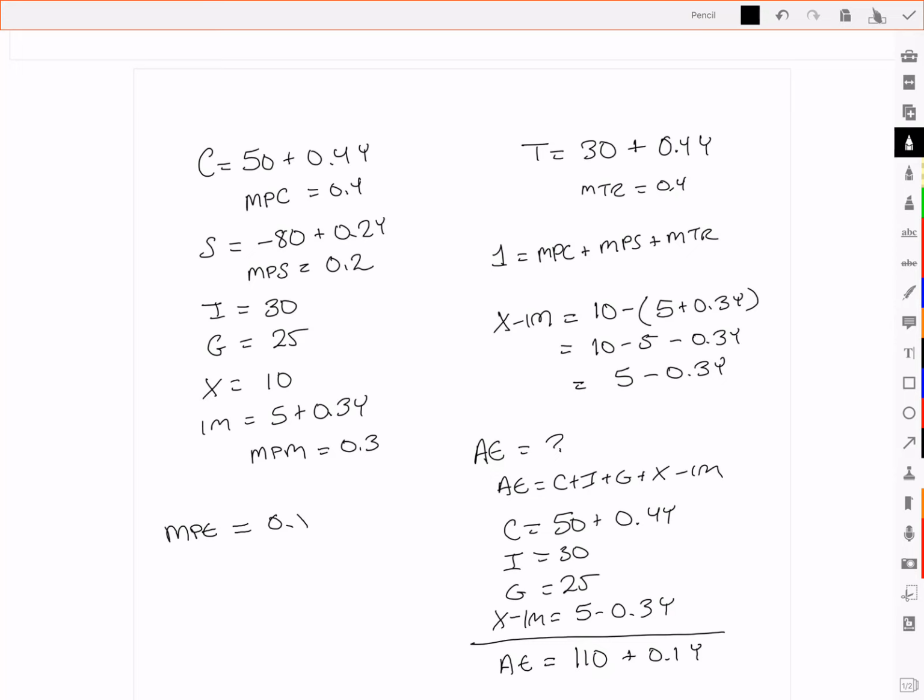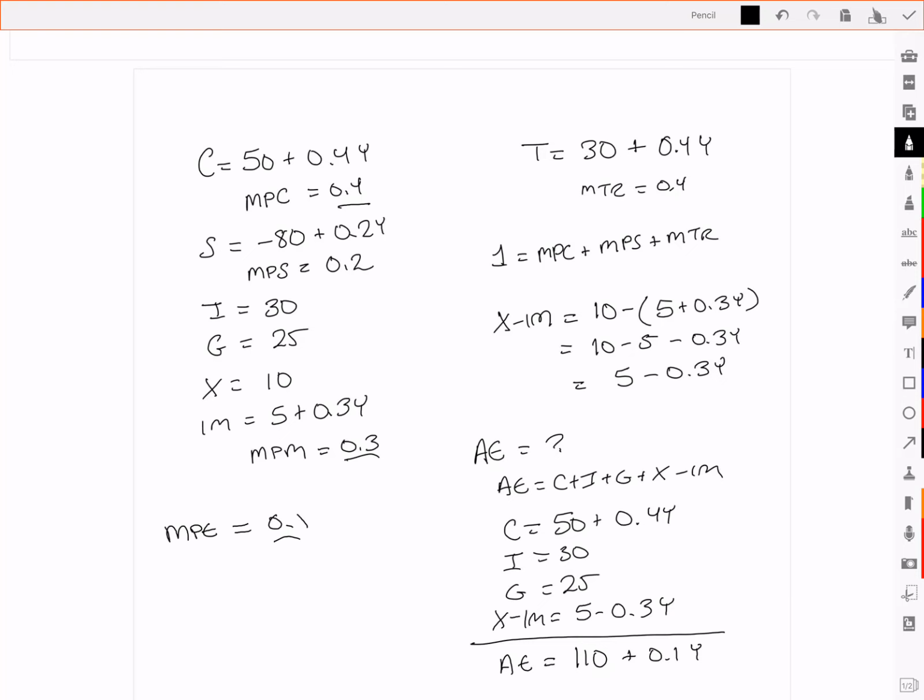So for every dollar of income, collectively, we are spending 10 cents on our economy. Now notice that for every dollar of income, we spent 40 cents on goods and services, but 30 cents of that was going to foreign goods. So only 10 cents is actually spent on our economy.